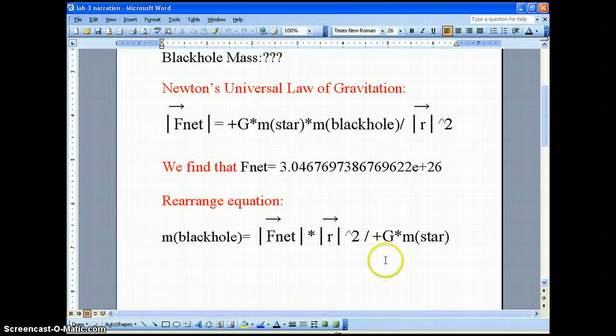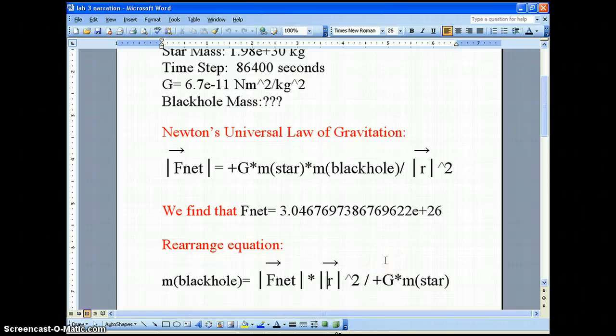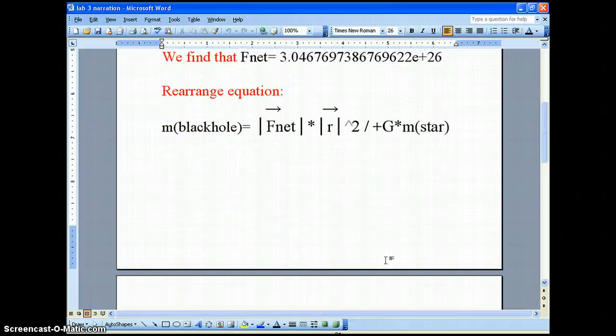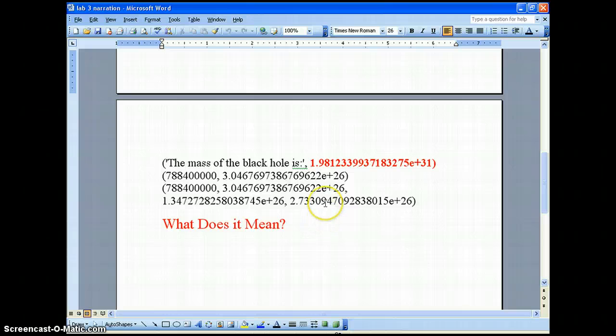In this case, F net is due to a single force, the gravitational pull of the black hole. We're not accounting for any other forces right now. So the mass of the black hole is 1.98 times 10 to the 31st kilograms.